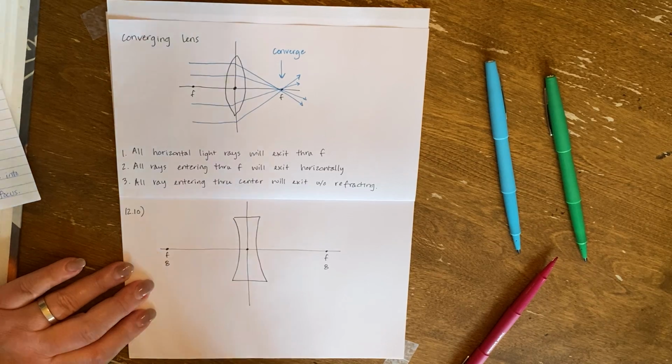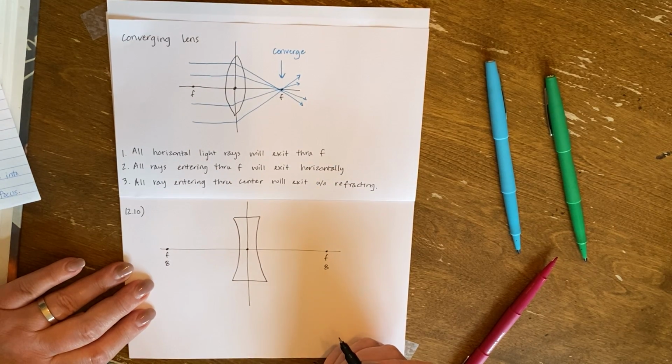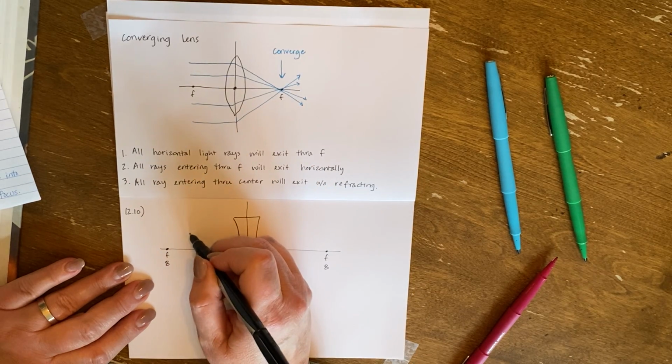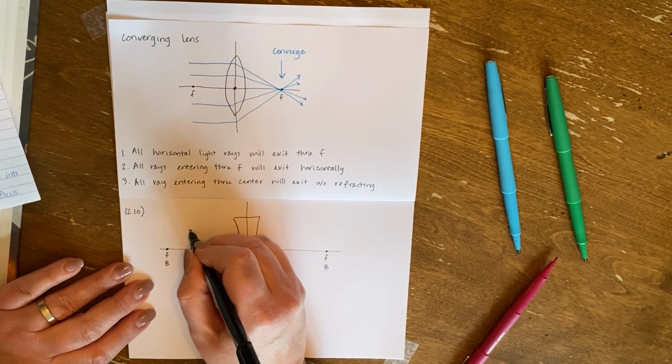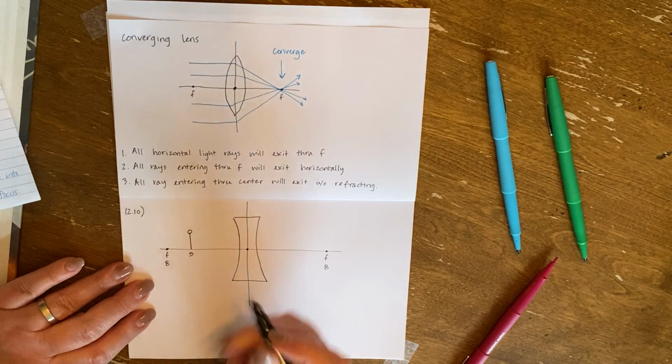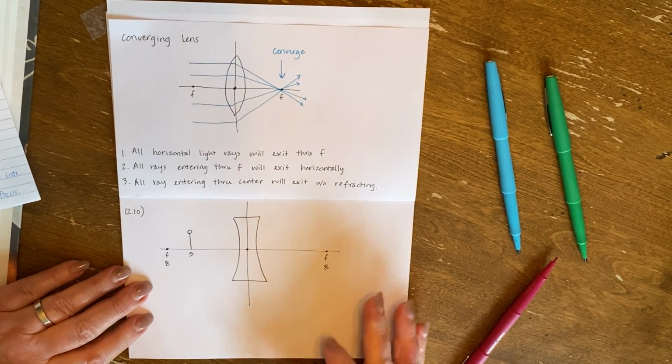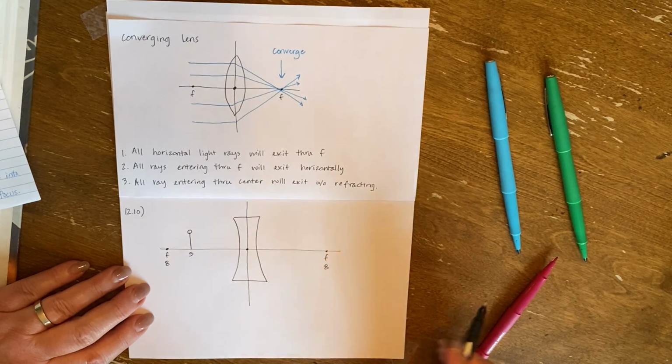If an observer looks through the lens at an object 5 centimeters, so again, this is very similar to our last example as far as the focal point and the position of the observer. If the observer is 5 centimeters from the lens, how will the image appear?